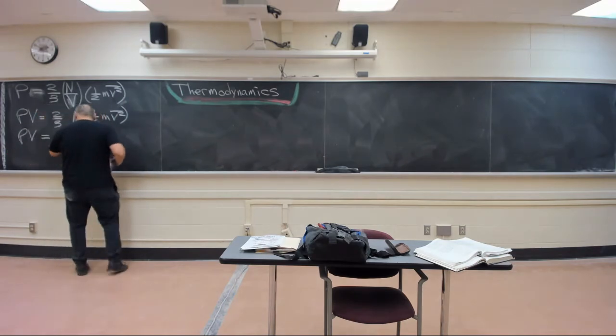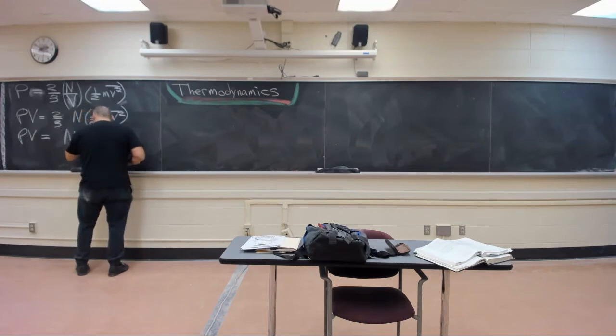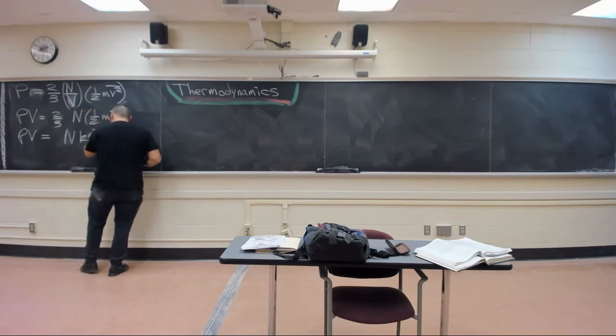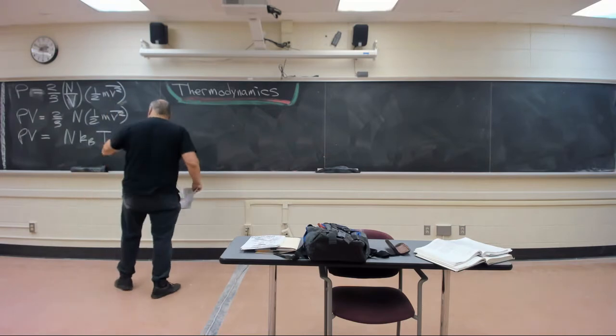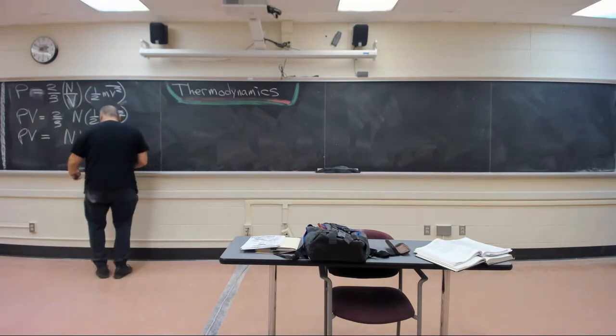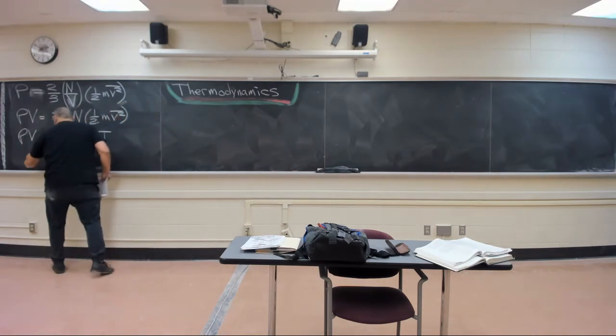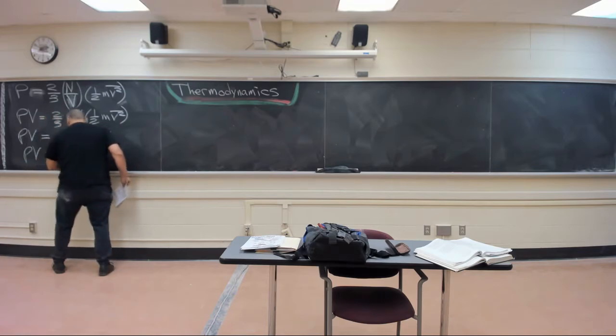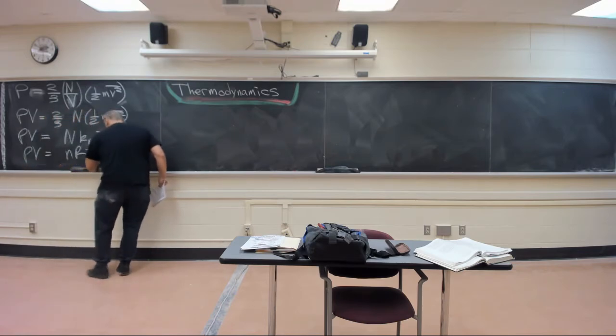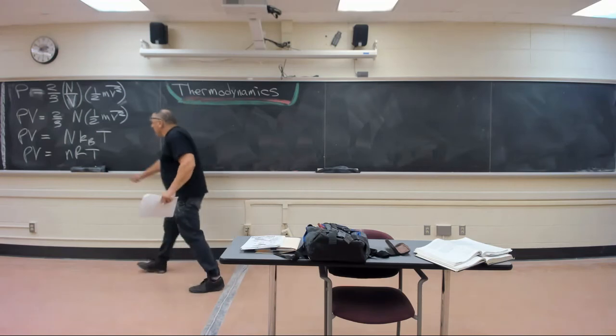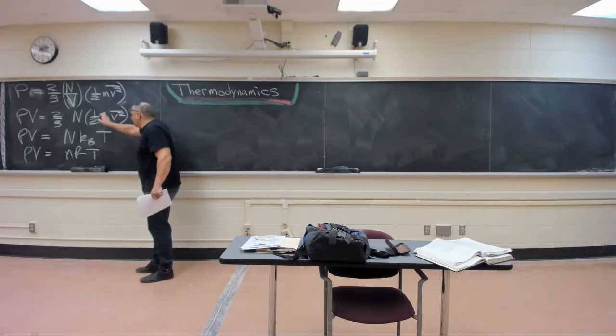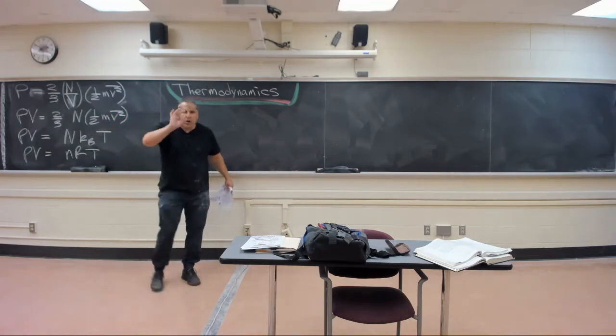Among the things that we said earlier was this. We said PV, this is no accident here. PV equals nRT. Absolute temperature, and average kinetic energy are all closely associated.